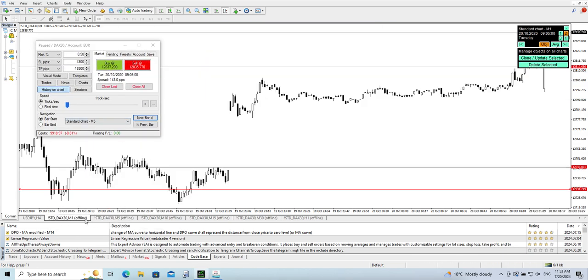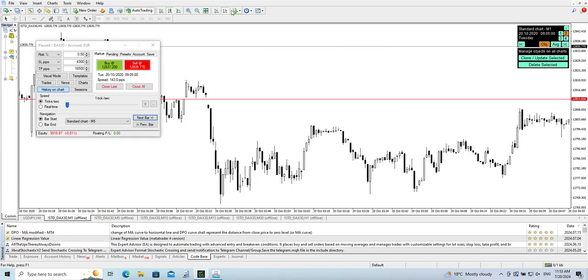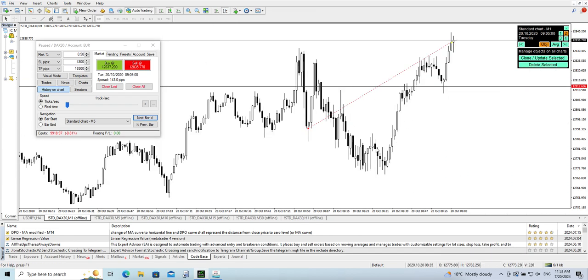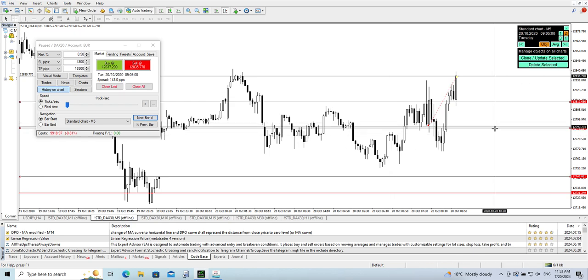Is that a zone as well underneath price at the moment? I believe it is. Okay. And that has gone 21.45.